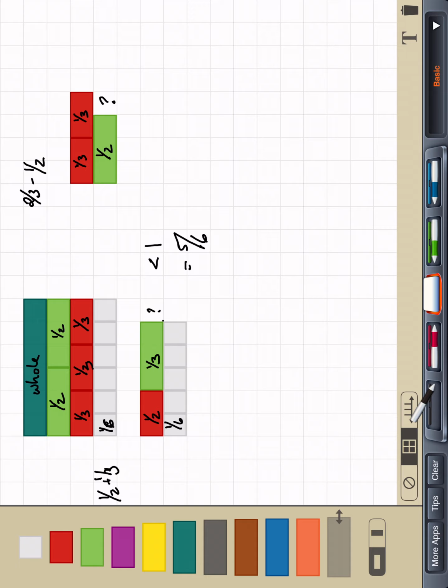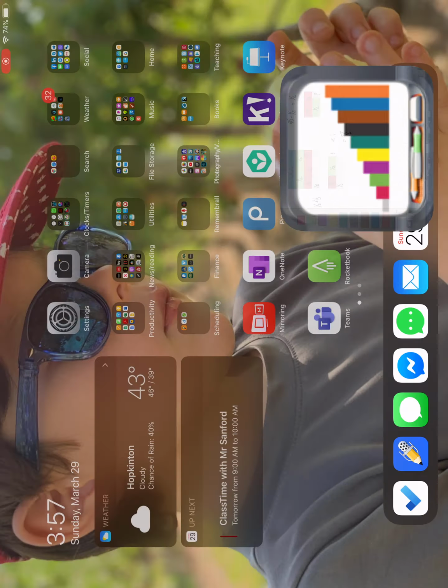Well, it should look very familiar because that difference, that single unit, is something you need 6 of to fill the whole. So that is actually 1/6, if we are using the 1 square as our counting unit, because we know 6 of those are needed to fill the whole.